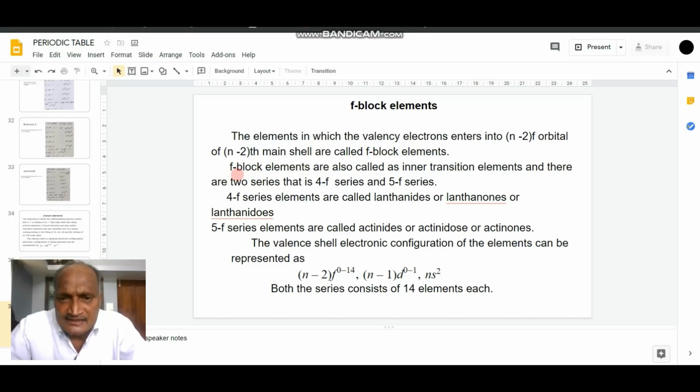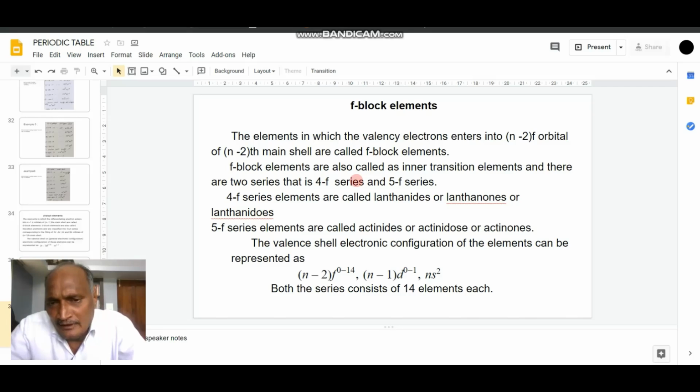F block elements are also called inner transitional elements, because in these elements the valency electron is entering into the anti-penultimate orbital, that is into the (n-2)th main shell.